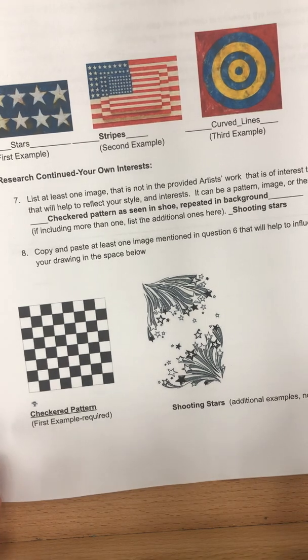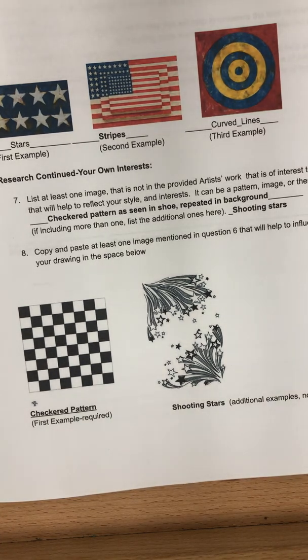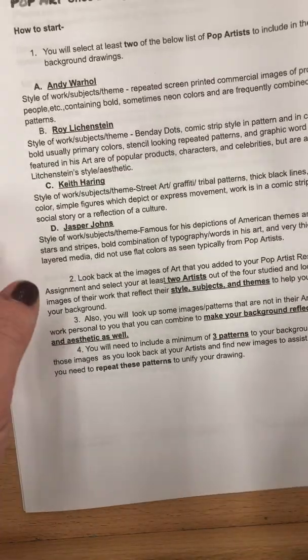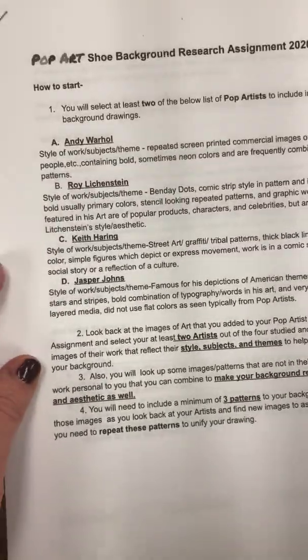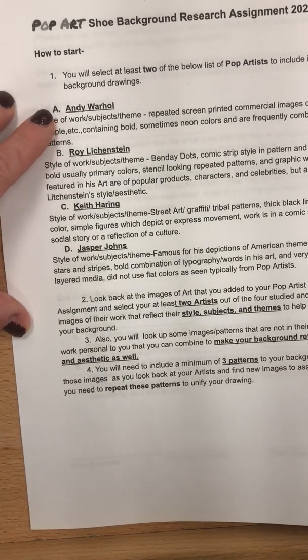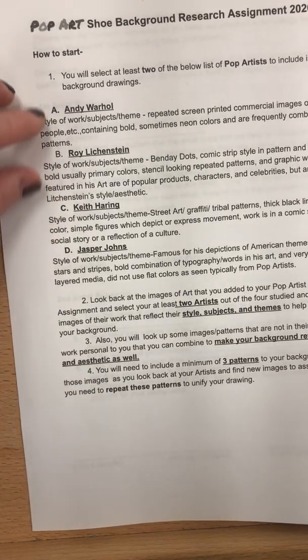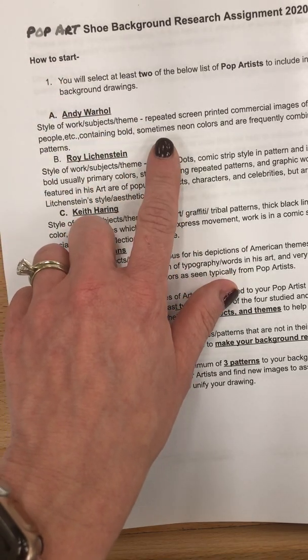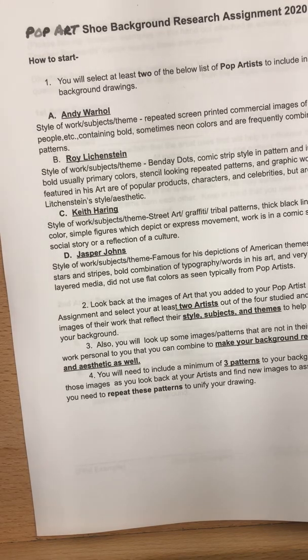But anyway, those are my two artists that I chose, but you guys are welcome to choose any of the four that we had researched. Your actual instructions are a little bit different than my teacher example. It starts off and it gives you a listing of the particular artists, and tells a little bit, just a summary about their style and their subject matter and what they do in their art.